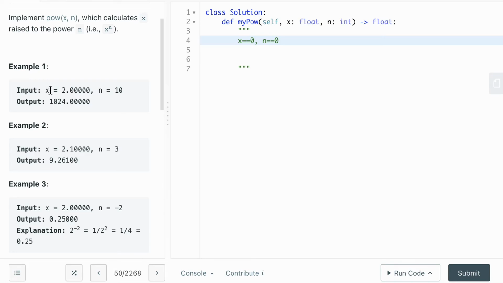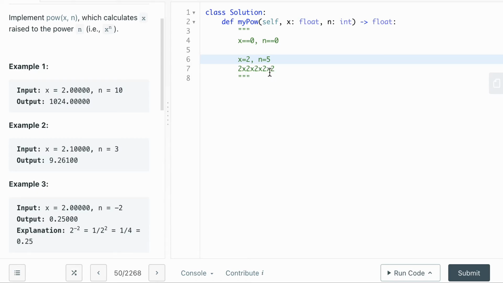And let's take a look at the example. It gives you x equals 2 and n equals 10. So you do the calculation 2 times 2 times 2 and so on. Let's not use 10 because there are a lot, and let's use 5 here: 1, 2, 3, 4, 5.